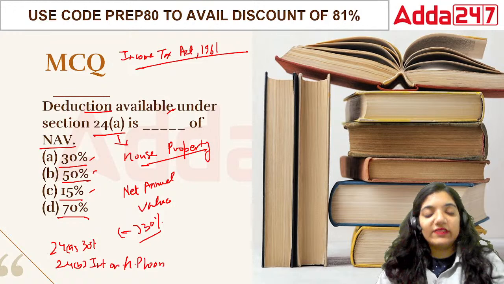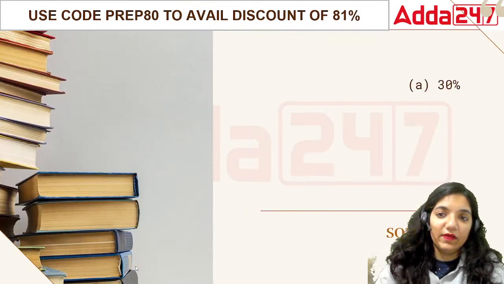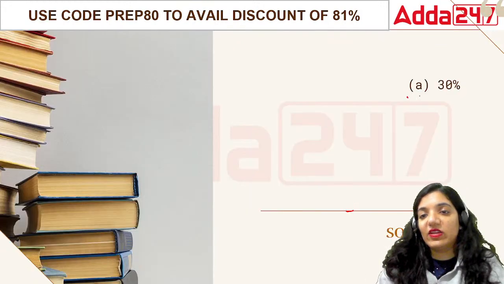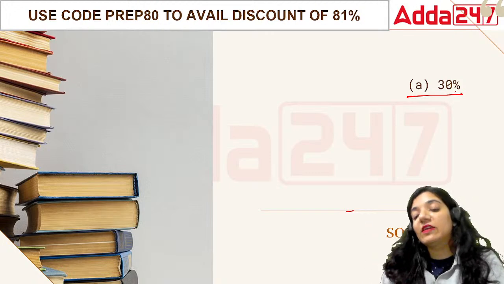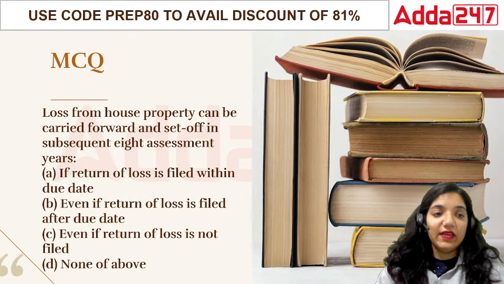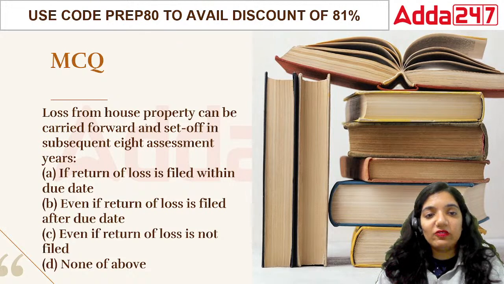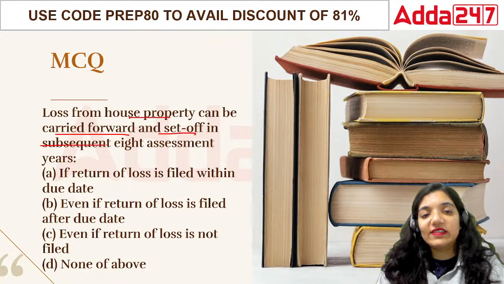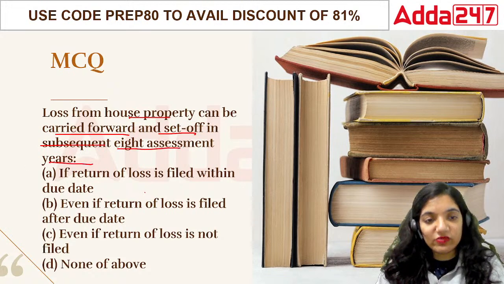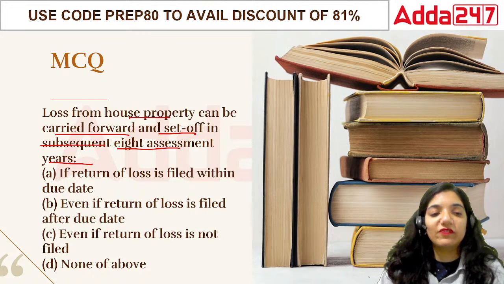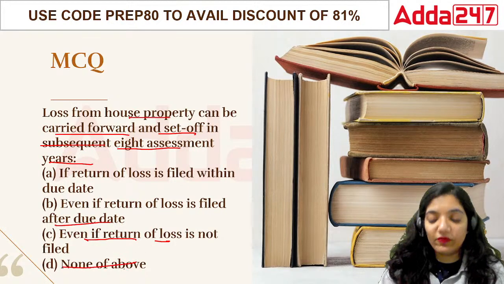Moving on to the next question. The answer is 30%. So there are two deductions which are available under Income Tax Act 1961. Next point: loss from the house property can be carried forward and set off against income in subsequent 8 years if the return of losses is filed within the due date, if the return of losses is filed after the due date, if the return is not filed, or none of the above.